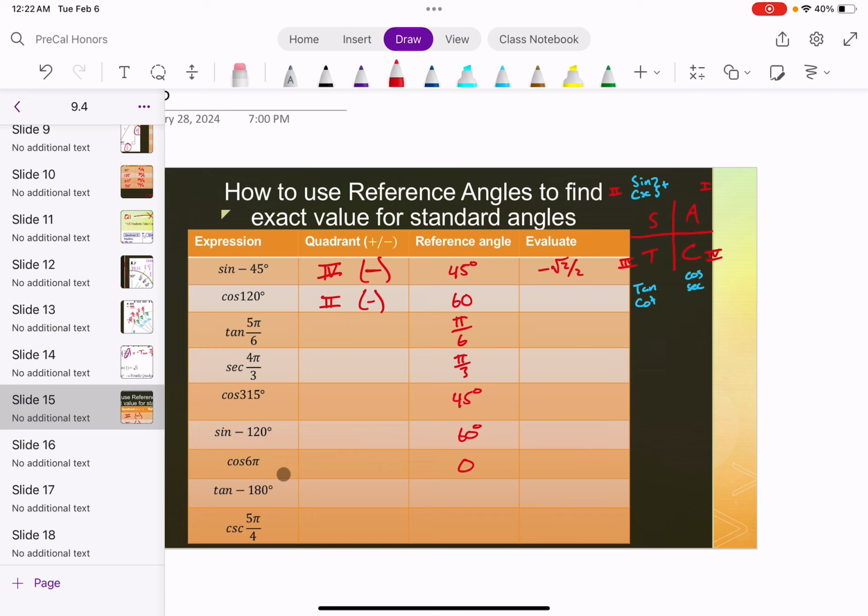In this case, we're going to go ahead, look at the next one, which is the tan of 180. Our quadrantal, once again, would be 180 degrees. Last one would be 5 pi over 4. This would be closest to 4 pi over 4, which is our 180. And our reference angle would be pi over 4.